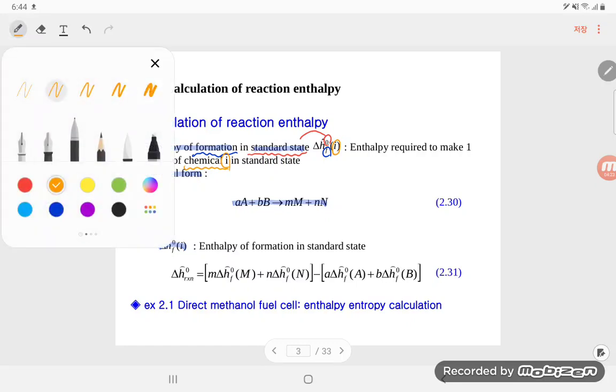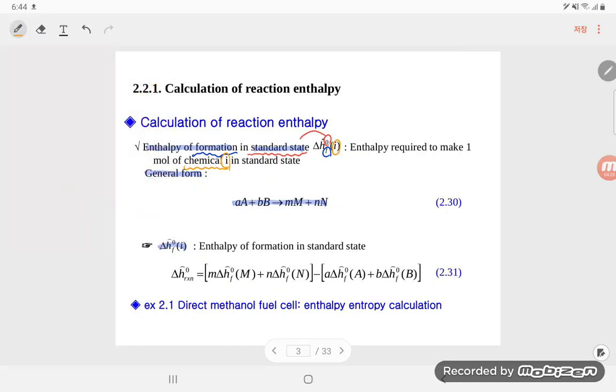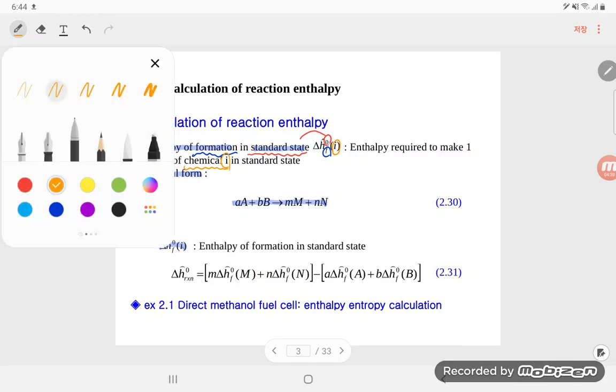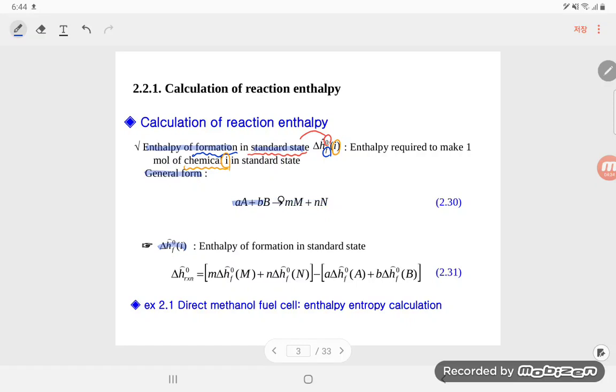So this is the formation enthalpy, and how can we calculate it? On the right-hand side there are products, and on the left side there are reactants.